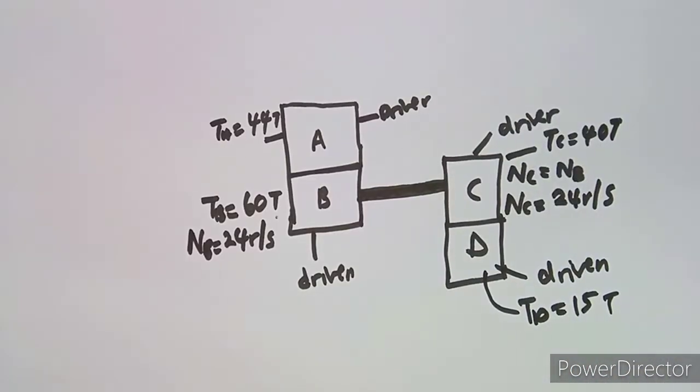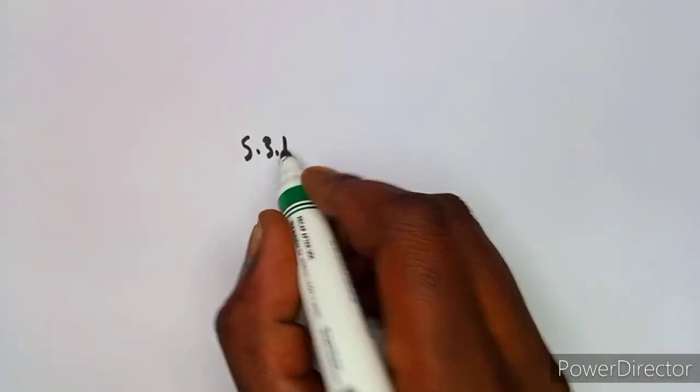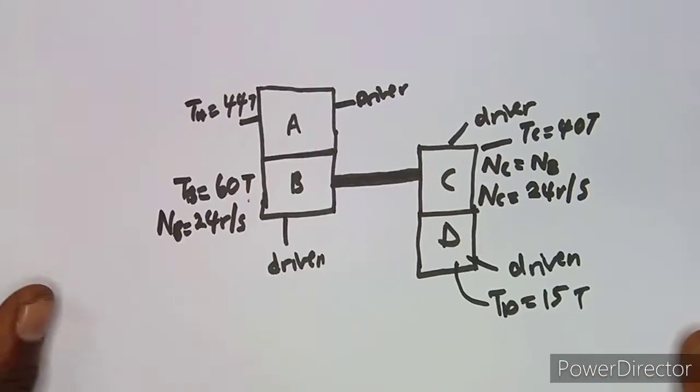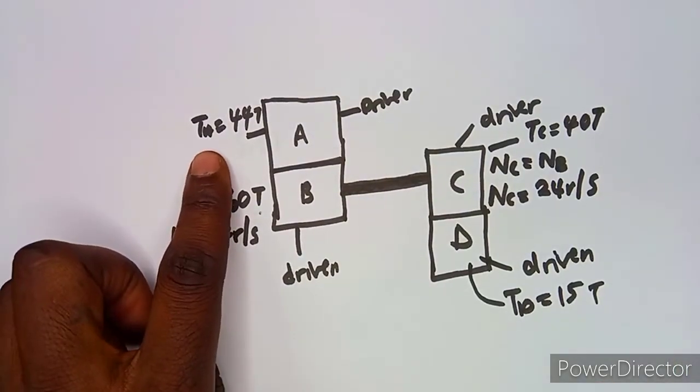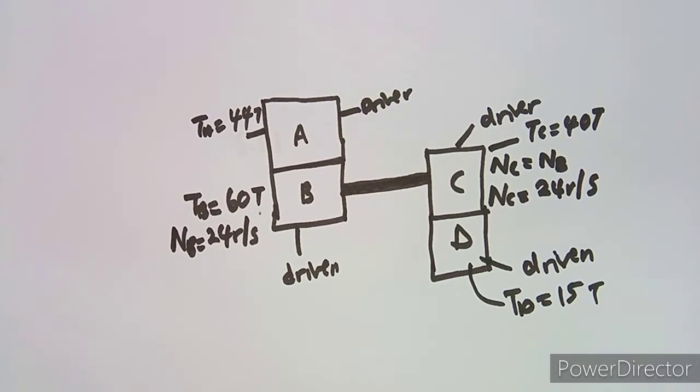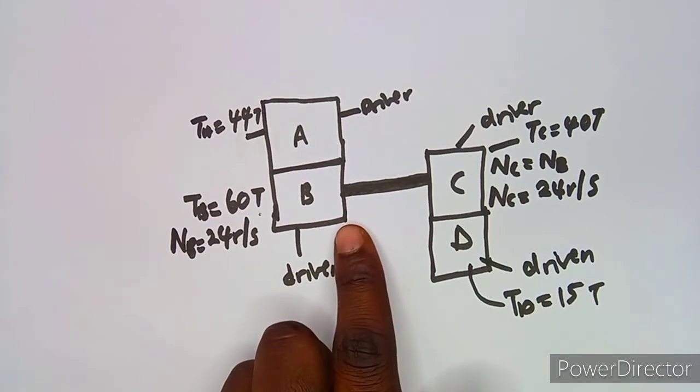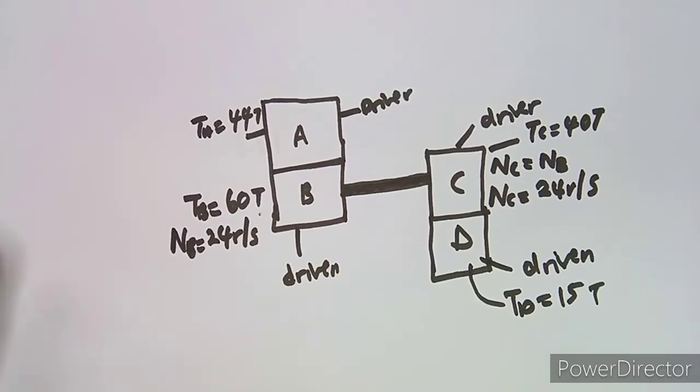Okay, so what's important about this is that we know the relationship between the two, that is 5.31. Let me just write it here, 5.31. So we know that the relationship between the number of teeth and the rotational frequency, the product of the driver is equal to the product of what? Of the driven. That's the concept there.